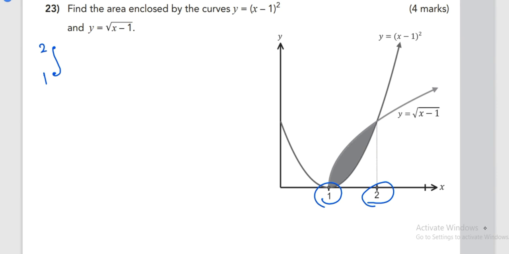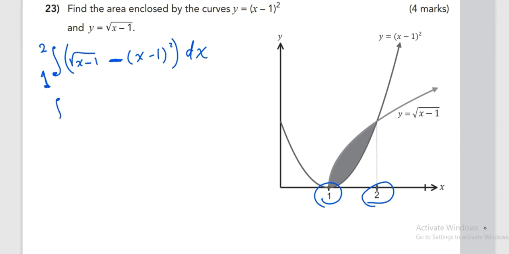It will be the integral of root of x minus 1, minus (x minus 1) to the power of 2, dx. We have to integrate this expression and substitute by these two values, 2 and 1, then subtract to get the value. The value we'll get is the area.